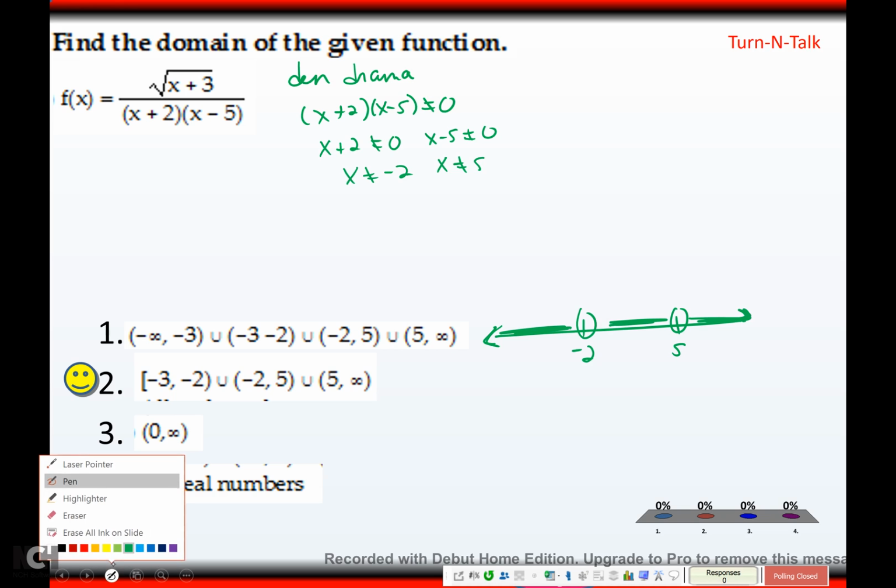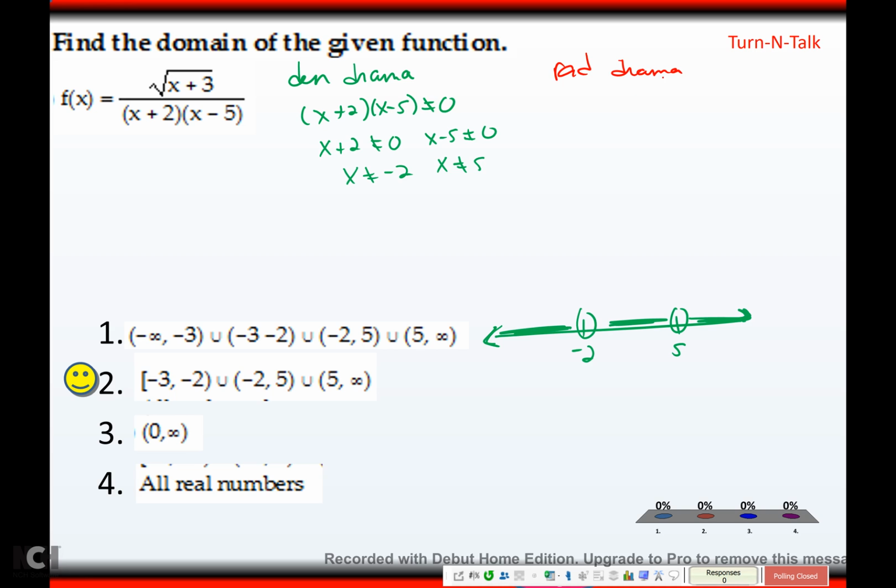Until we put our radical drama in. Okay, my radical drama says, Mr. Radical, you must always stay positive. So, square, square. I get x plus 3 greater than or equal to 0, so x has to be greater than or equal to negative 3. So I can start at negative 3 and include it and go to the right.